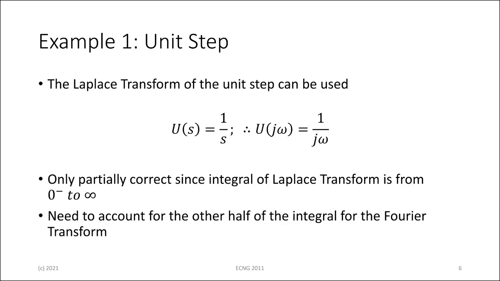So we say, okay, we remember that there's a similarity with the Laplace transform, and we saw that under certain conditions, if we replace s with j omega, the Laplace transform gives you the Fourier transform of the signal or the transfer function you were dealing with.